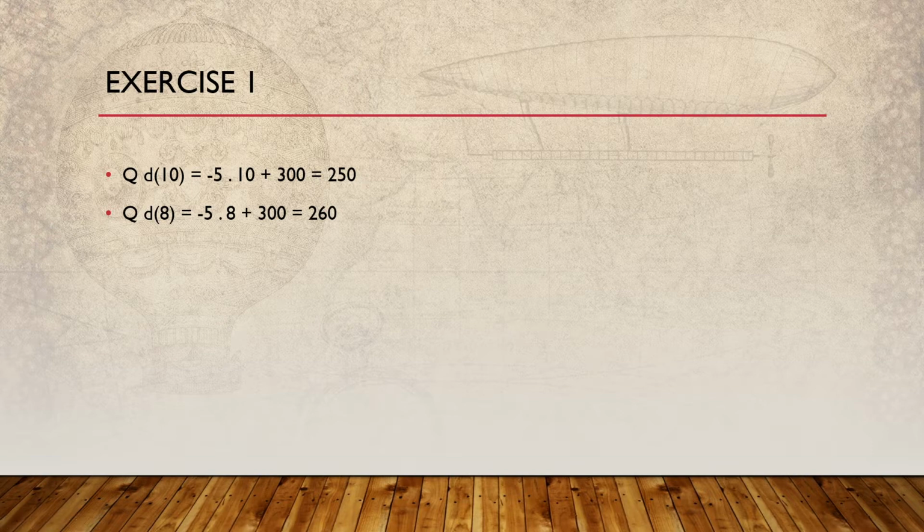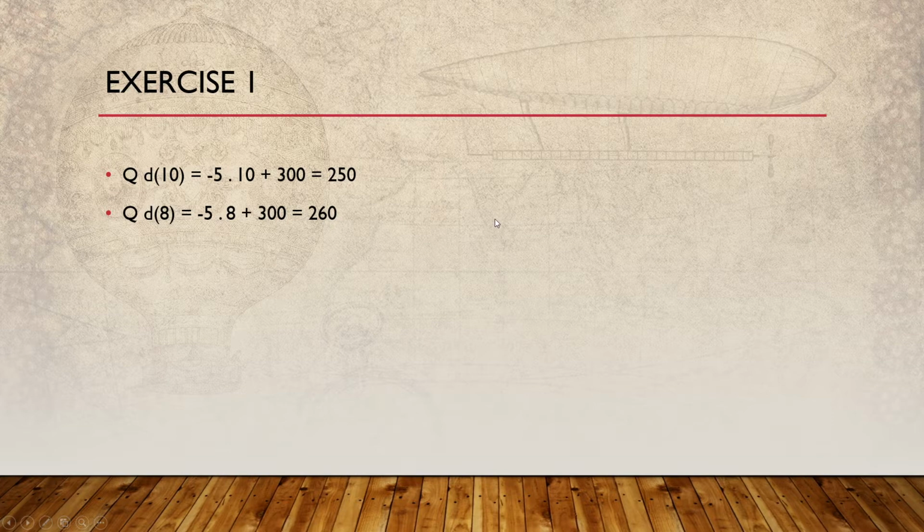So this person, if prices are 10, will buy 250 boxes of eggs or something like that. And we see if we enter the 8 instead of 10, we will get 260 units. This is obvious because if prices go down, people will normally buy more stuff, right? Or more eggs in this example. So the quantity went from 250 to 260.